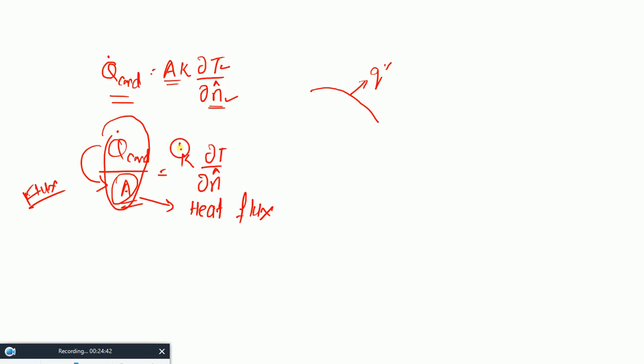That would be equal to thermal conductivity multiplied by partial T by partial N. I hope you understand that. These are very simple things. By the way, this is not the most generic form of this relation. We would talk about another step as well, but after a few introductory things.